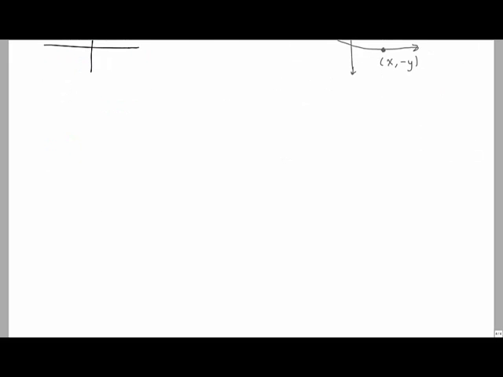Now the last type of symmetry that we like to talk about is symmetry about the origin. And sometimes this is the harder one to see. It's definitely the harder one to draw as well. So symmetry about the origin.